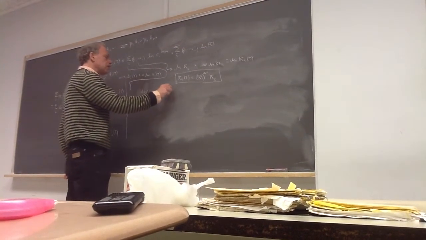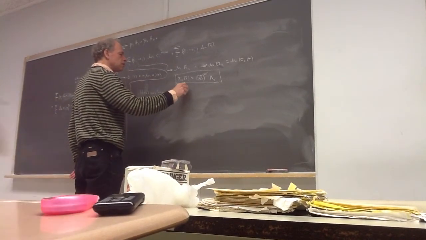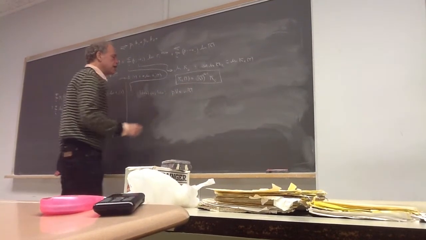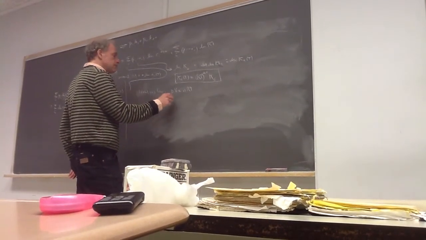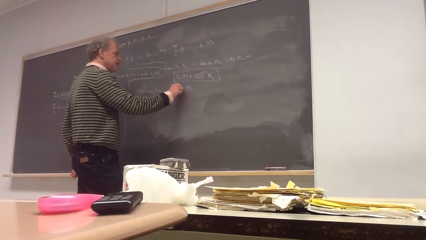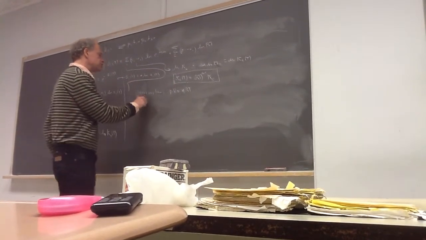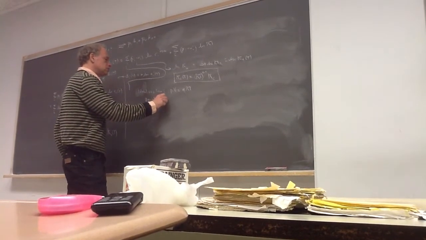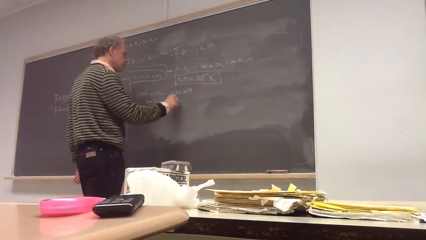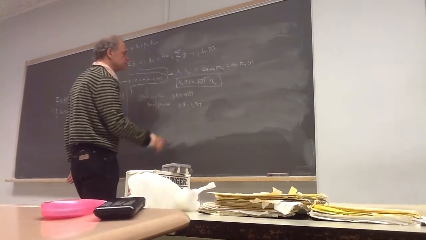So the ideal gas law is PV equals nRT. If I write this with partial pressures, I have Pi V is Ni RT.